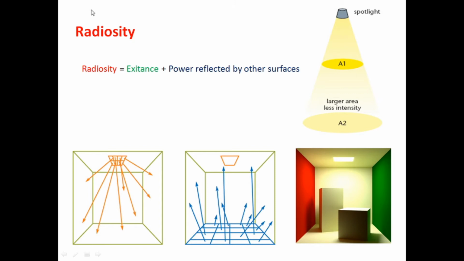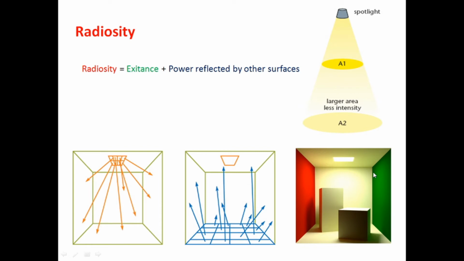So can I say an object or a source can have a radiosity or it can also have an excitance? Here the lamp has excitance because an internally generated power is being radiated in the form of light rays. And coming to this one, radiosity is there because it reflects.